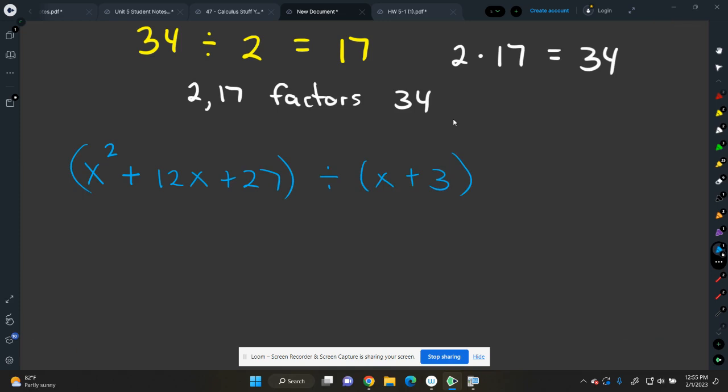Okay? Let's do this. Everybody do this on your own right now. Yes? So how would it be like 12x when you bring it down, you just write 12? Mm-hmm. Do you write the x? No. Okay, everybody needs to be doing it.